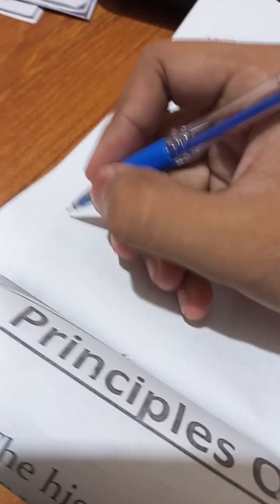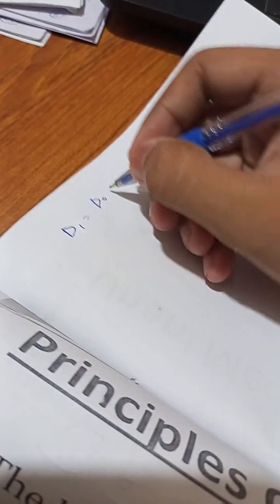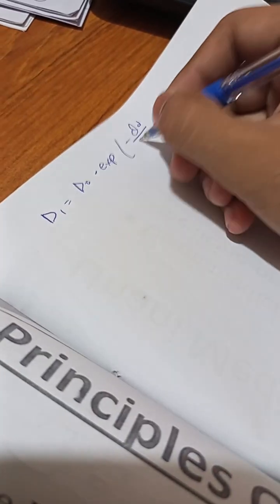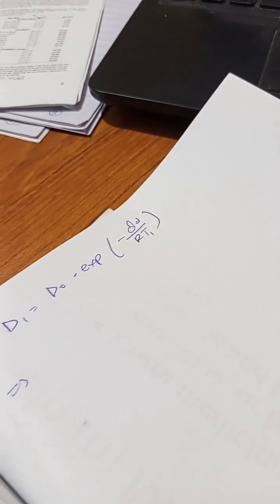You can use both equations because QD is the result of the subtraction of both. So the first equation was D1 is equal to D naught into exponential minus QD over RT1. So when we put the values, let me see the data.